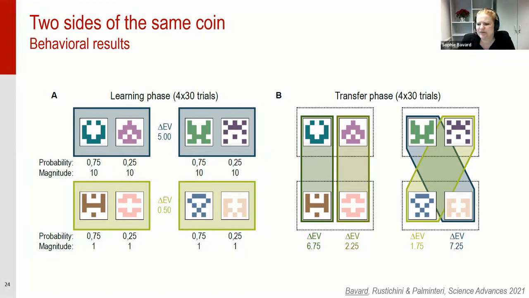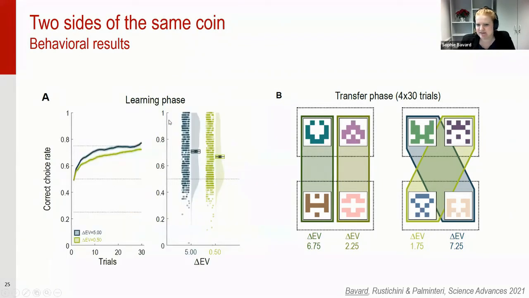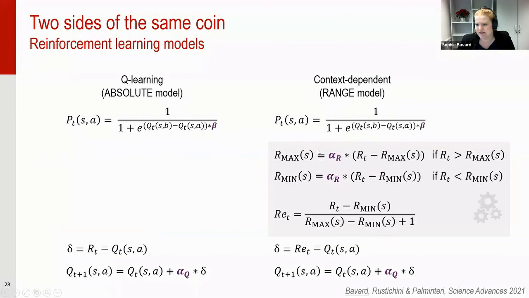So okay, maybe I might be wrong here, but I'm predicting that since in our range adaptation model what is important is the maximum and the minimum rewards, I'm guessing that even if you change the context, but you keep the background context and the same symbols, then these two values will still change. So say if we keep the model as it is, I think it could still be possible to model this range adaptation.